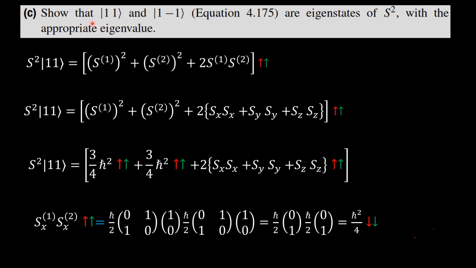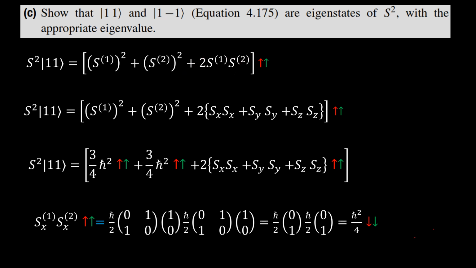Part C is to show that the states 1 1 and 1 minus 0 are eigenstates of S squared with appropriate eigenvalue. So when S squared acts on 1 1, the S squared operator can be written as S1 squared plus S2 squared plus 2 S1 dot S2, because S1 and S2 commute with each other.